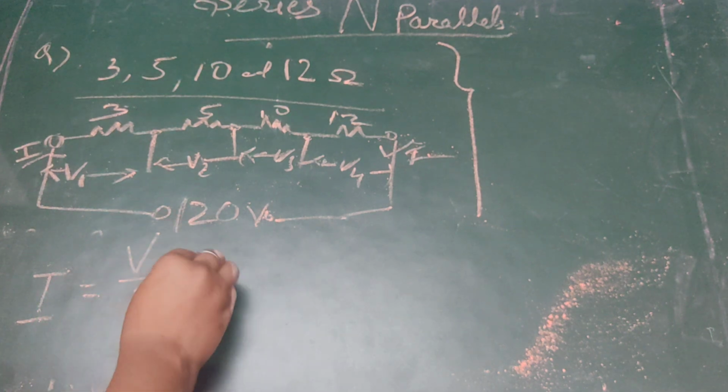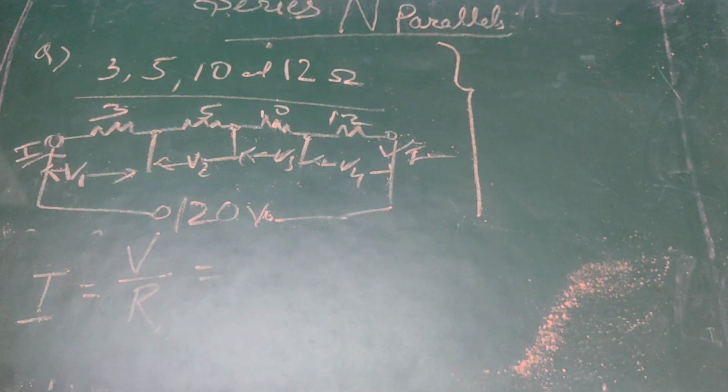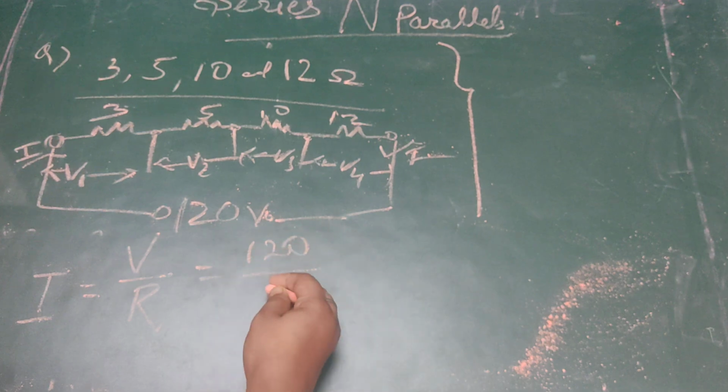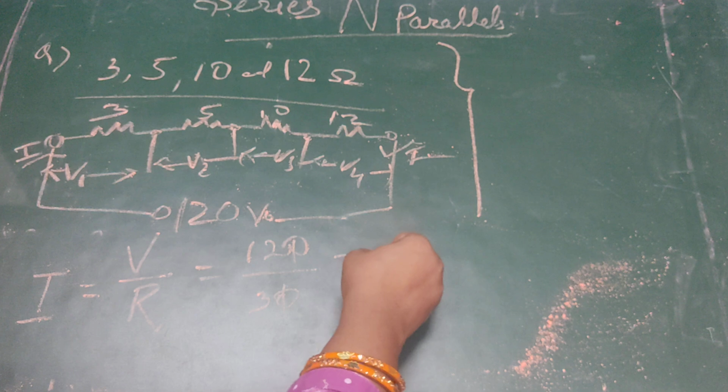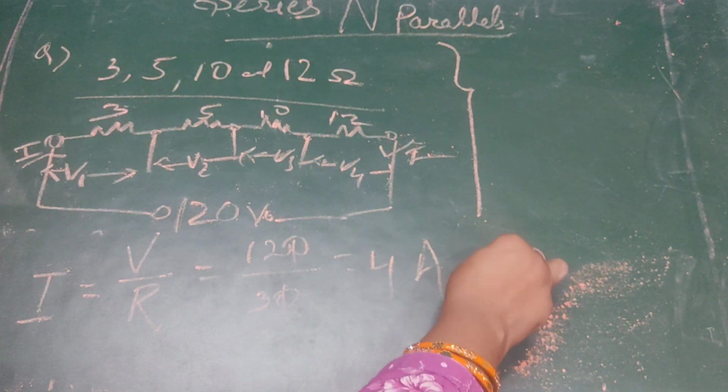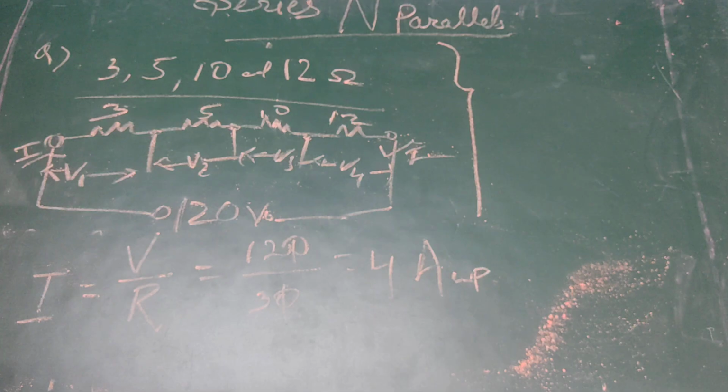We only have to put the numbers: 120 volt, and what we have got, R total 30. So 4, it's current, so it's ampere. Second part done. Now we'll go for the third part.